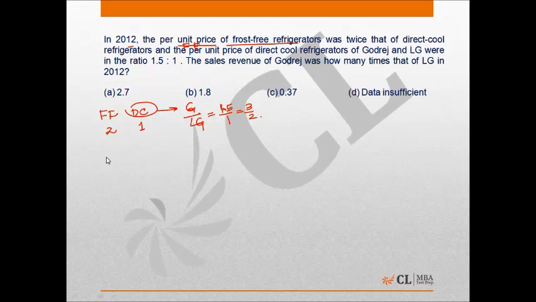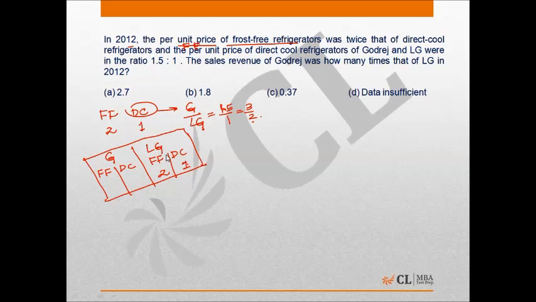So if you are talking about Godrej and LG, Godrej's frost-free and direct cool price, LG's frost-free and direct cool price. So let's see what are the values that we will have. If the direct cool price of LG is, let's say, 1, then its frost-free price is going to be 2.